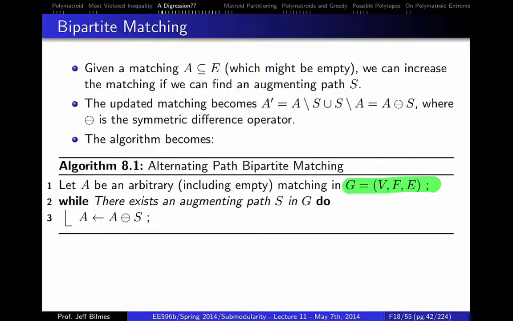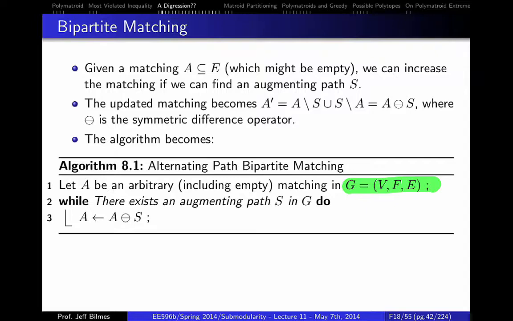Then the algorithm says that while there's an augmenting path S in G, replace the matching with the matching symmetric difference with S, which, when we start with the empty set, is just an assignment to the augmenting path.